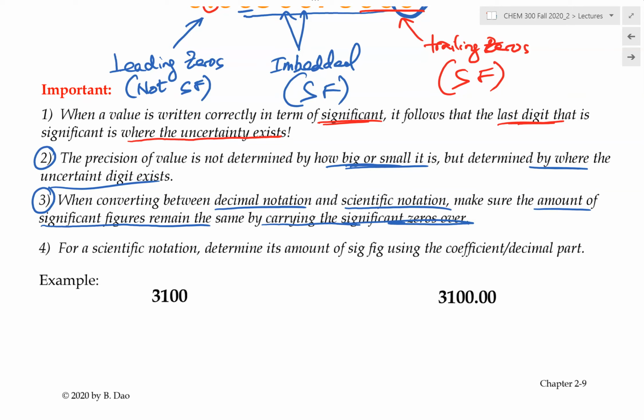And that is not supposed to happen when we convert a value between decimal number and scientific notation. And for a scientific notation, we can determine how many significant figures it has by looking at the coefficient, or the decimal part, but we are not looking at the exponential part. So these are the 4 important points that we need to make sure we remember as well.